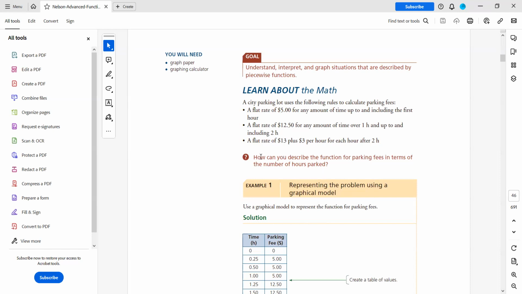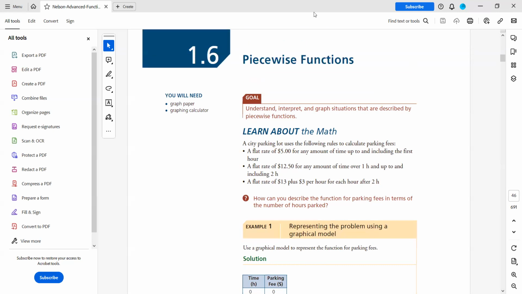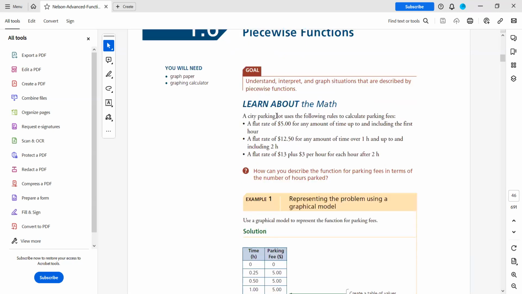So let's see an example where a city parking lot uses the following rules to calculate parking fees. A flat rate of $5 for any moment of time up to and including the first hour. So within the first hour, no matter how long you stay, you pay $5.